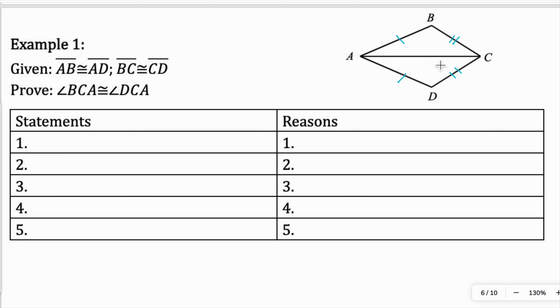From this, you probably know what next step we can use to prove that the triangles are congruent and the reasoning as to why. But our last reason is going to be corresponding parts of congruent triangles are congruent. So let's start with our two givens: AB is congruent to AD, and BC is congruent to CD. Both of these are going to be our given reasons.